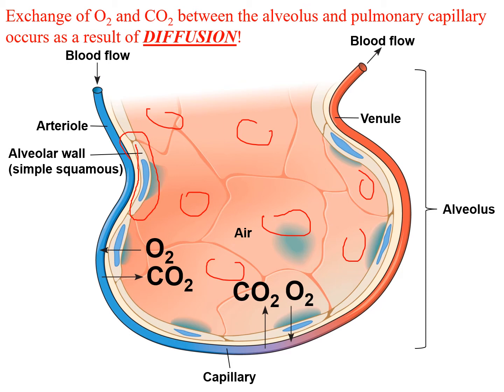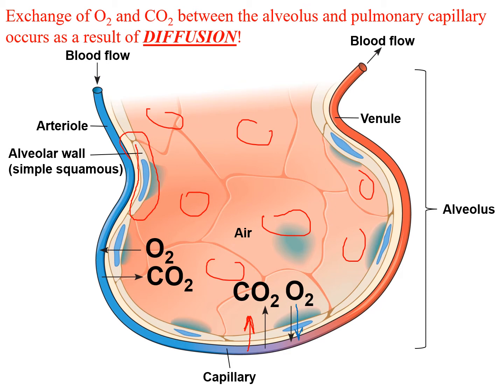And remember that gas exchange is taking place between the wall of the capillary and the wall of the alveolus across that simple squamous. The CO2, as we said, diffuses out of the blood into the alveolus, from a higher concentration to a lower concentration, while the oxygen diffuses from the alveolus into the blood, right?